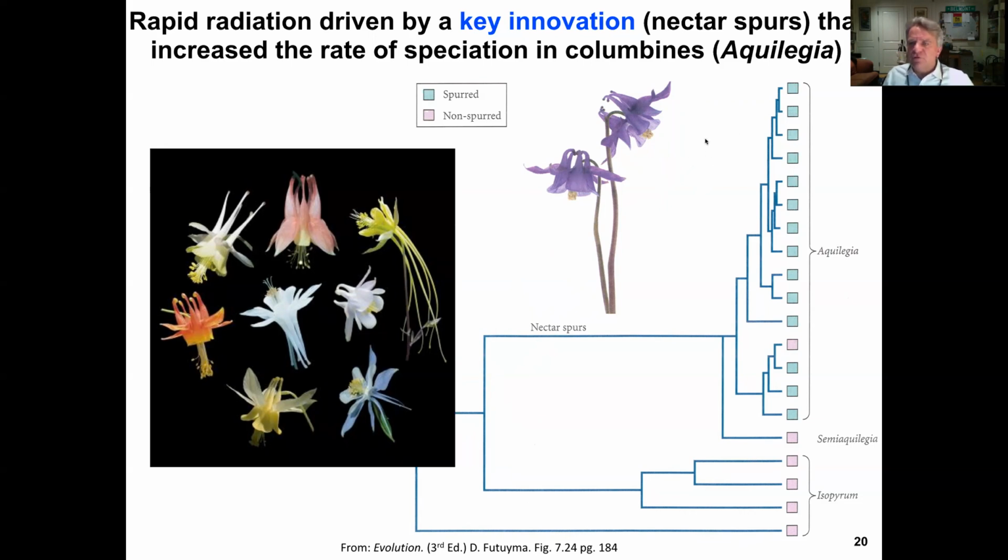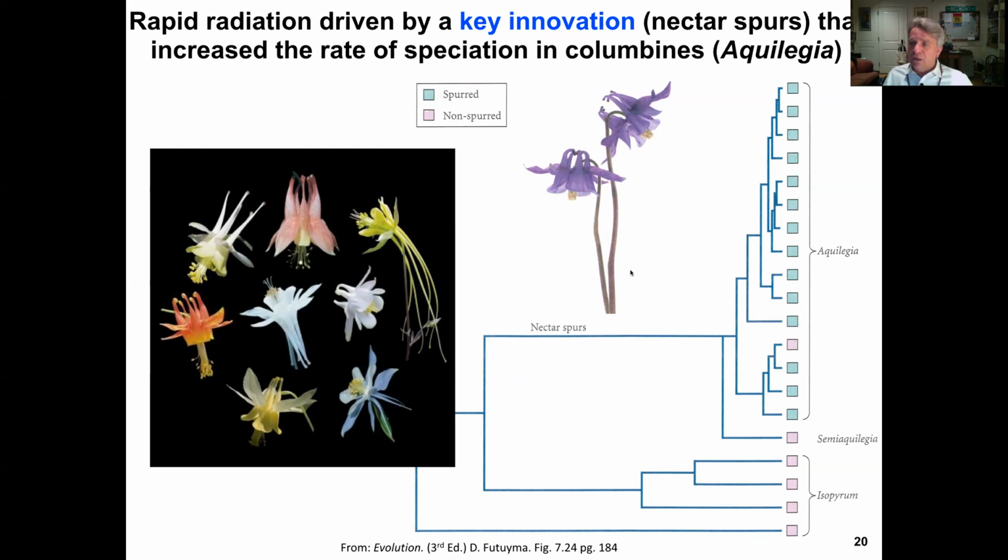So the genus that we're thinking about here is Aquilegia, and the columbines have this interesting trait of these nectar spurs that provides a unique reservoir of nectar for different pollinators that can get into that spur.